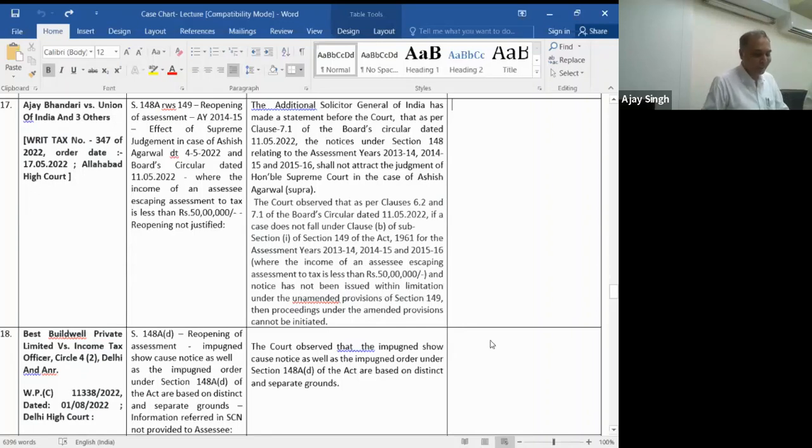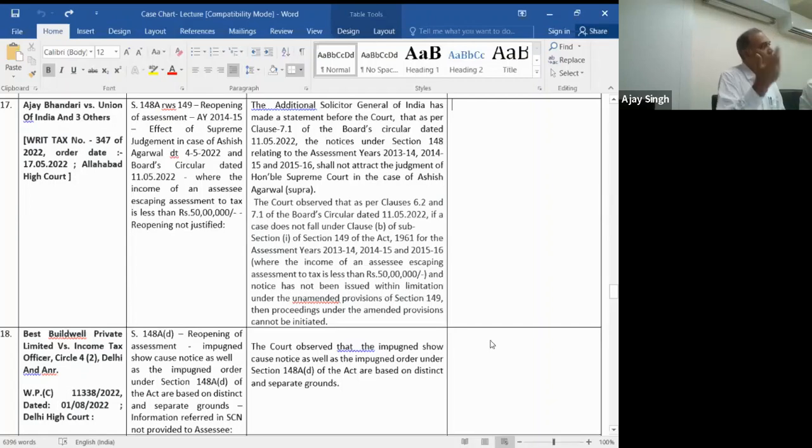So really one reads it as: can an SSC raise another ground, which was allowed in the earlier regime? In this case also, in the new regime, it is very clearly clarified that the same condition has been put, that in the course of the assessment, if the assessing officer is able to find some other income which has escaped assessment, he can very well take that, which was there in the earlier regime.